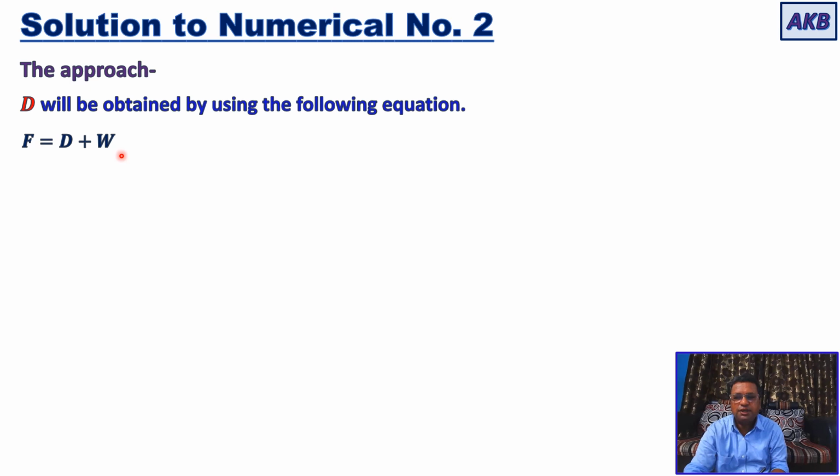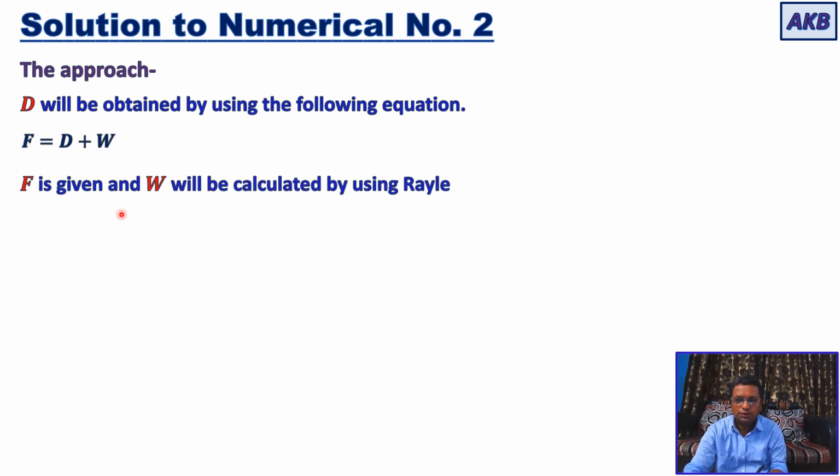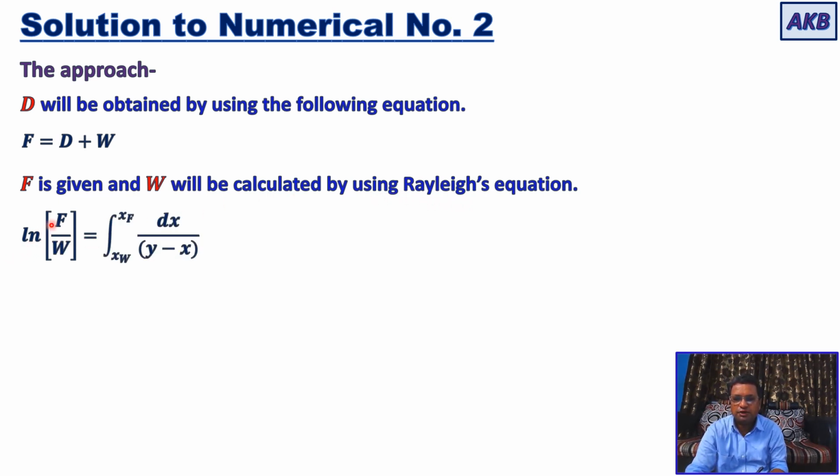F is equal to D plus W. This is the steady state material balance. Feed will either be converted to distillate or the residue. So in this case, F is given to us and we need to calculate W, and W will be calculated by using Rayleigh's equation. Okay, what is Rayleigh's equation? Rayleigh's equation is ln of F by W is equal to integration from xw to xf dx upon y minus x.